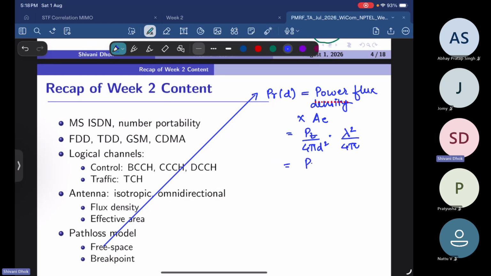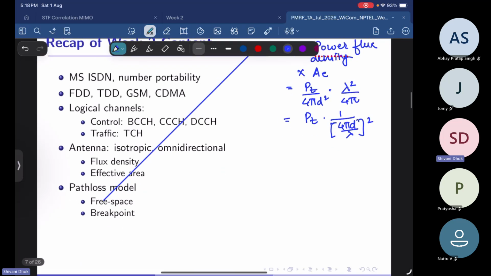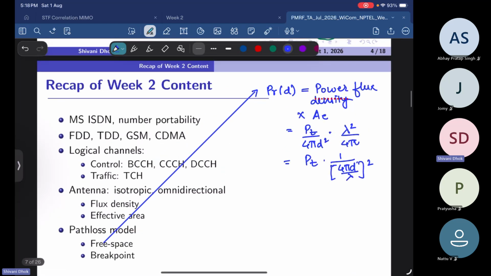So this is nothing but Pt times 1 over (4 pi d by lambda) whole squared. This expression is in linear scale.